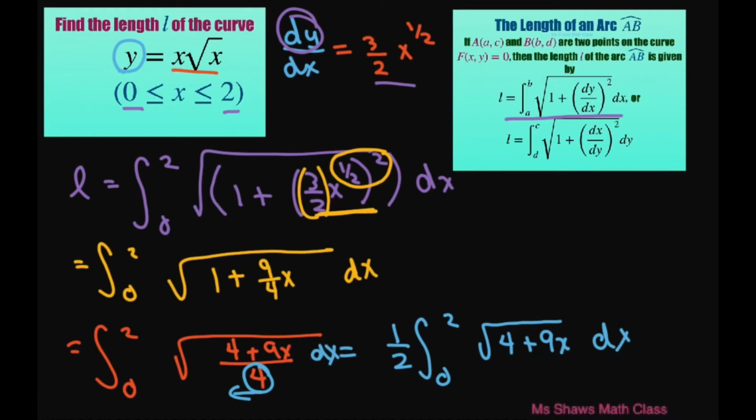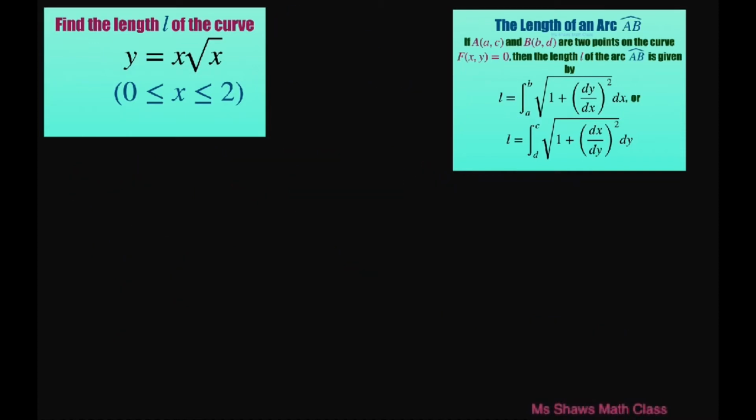All right, so now we can integrate this, and this is going to be 1/2 that we pulled out, and then we had square root. Let's write this as 4 plus 9x to the power of 1/2.